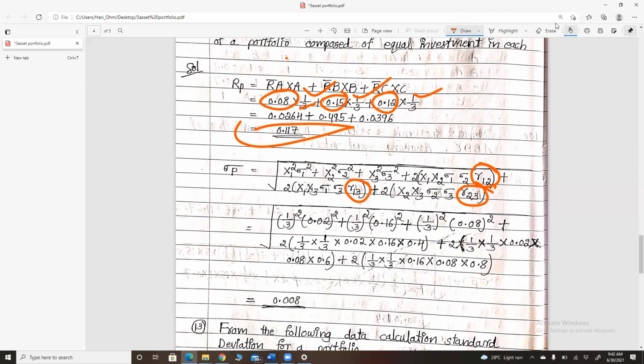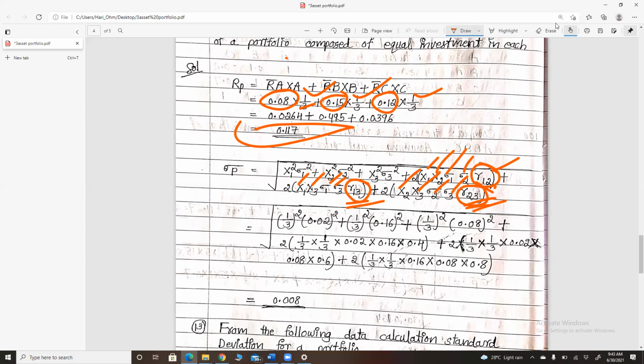R13 means x1, x3. R23 means x2, x3. Is it clear? So just see, R12: x1, x2, standard deviation 1, standard deviation 2. Is it clear? Then what about R13? See, x1, x3, standard deviation 1, standard deviation 3. R23 means x2, x3, standard deviation 2, standard deviation 3. Is it clear? Like that, apply all the values over here.